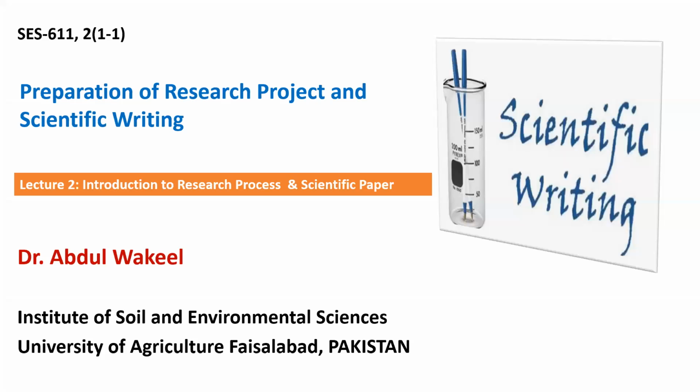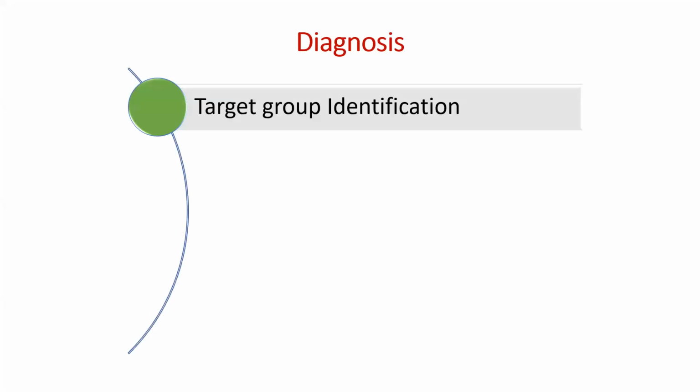So this lecture is about the introduction to research process and scientific writing or scientific paper. The first thing is the diagnosis. When you are going to see doctors, the first thing he or she does is diagnosis.